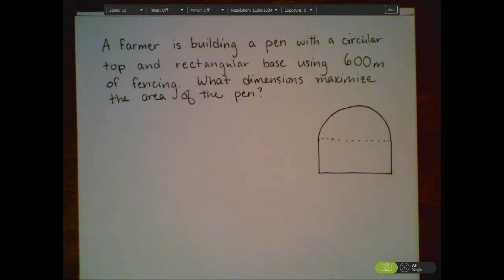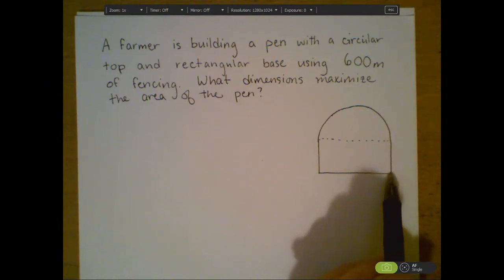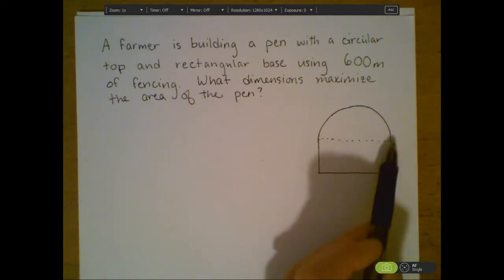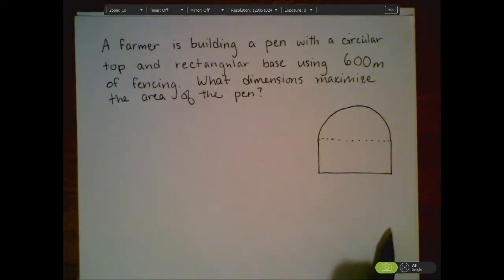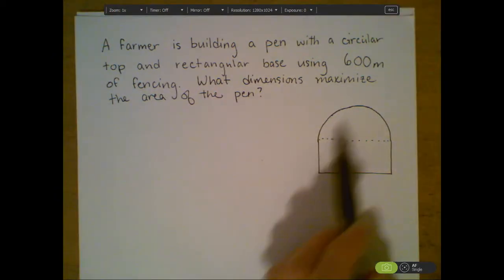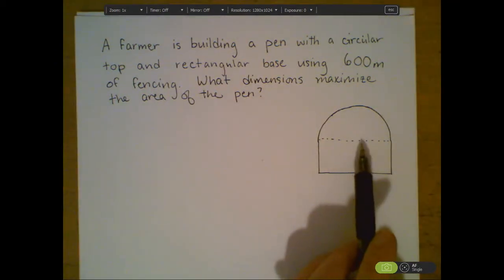Now we're already given a picture of what's going on to understand what the rectangular base of the pen looks like and the semicircular top looks like. But our job now, in order to maximize this, is to assign some variables. We have to think, what are the things that can vary here?